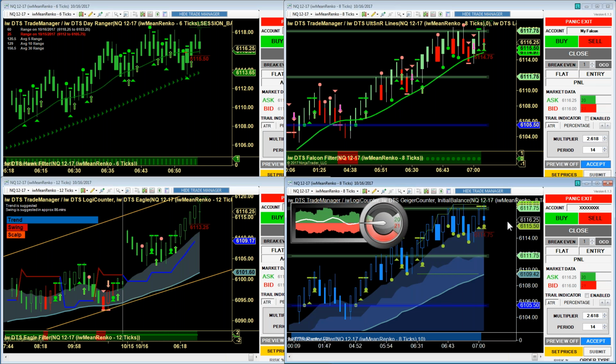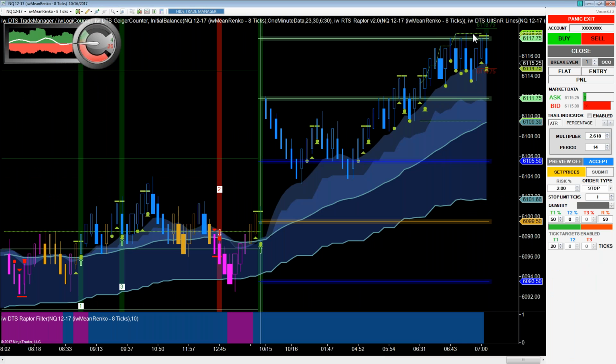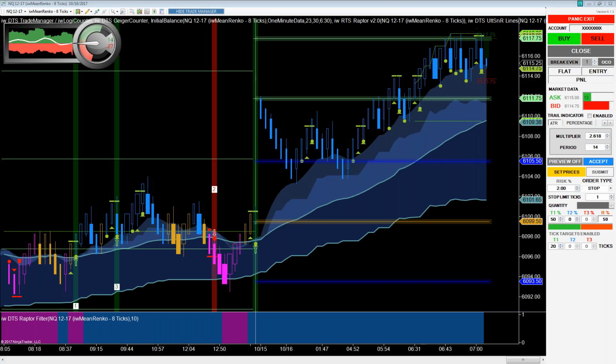Here in the Raptor now, we do have something resembling a test of the extreme. Kind of a little itty-bitty triple top. We'll see whether or not we come back with a sell signal now.